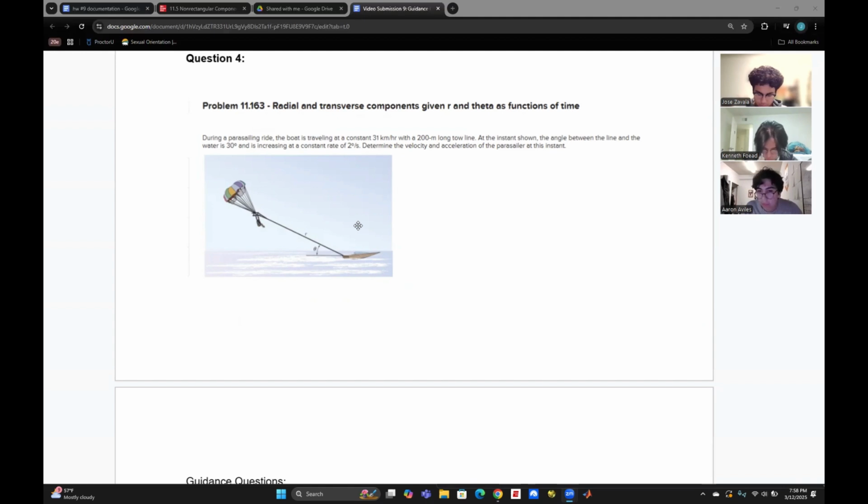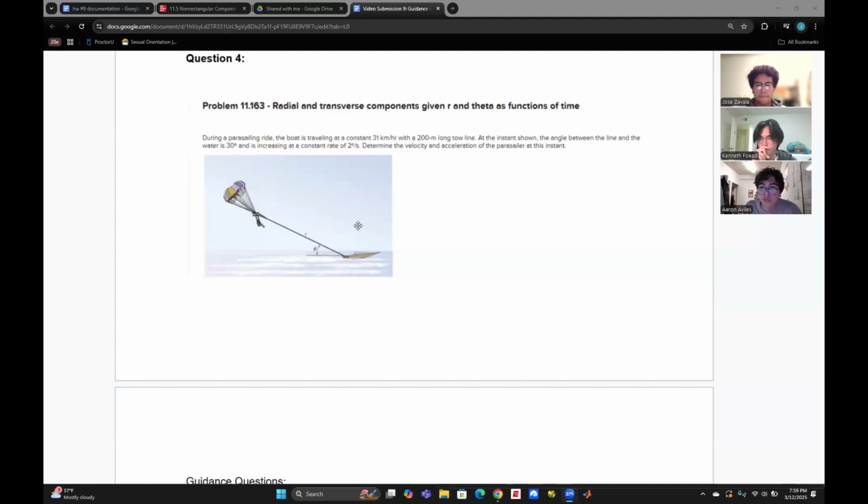So we have an angular velocity, which we can transform into radians per second from degrees per second. And then we can use the equation that v tangent, the velocity tangent to the circular path, is the radius times that angular velocity in radians. That will get us our tangential velocity, which we can then plug into the centripetal acceleration formula that Jose was talking about, which is v squared over rho.